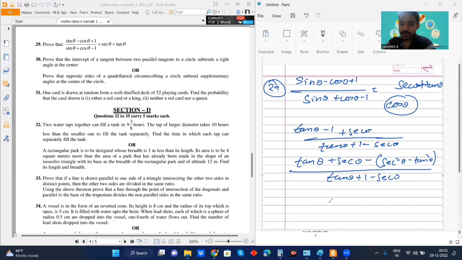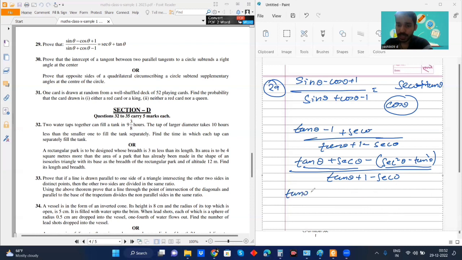In the numerator, you can see that sec theta plus tan theta is common, because this is a square minus b square, which is (a plus b) into (a minus b). Sec theta plus tan theta is common. Here is also sec theta plus tan theta. If you expand the bracket, I'll get sec theta plus tan theta, which I take common. So what's left? 1 is left, 1 minus sec theta plus tan theta. A square minus b square formula.